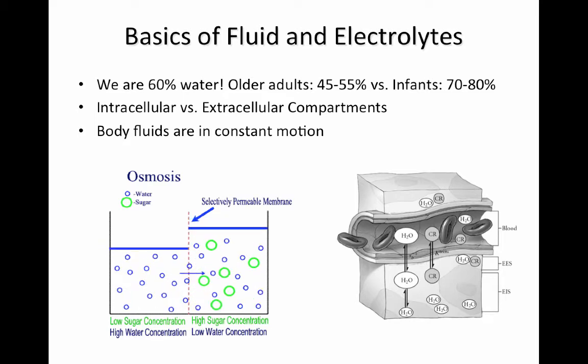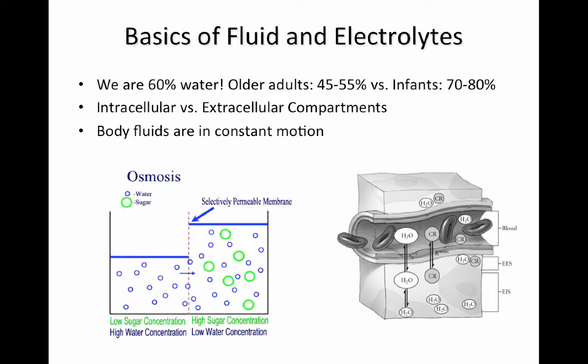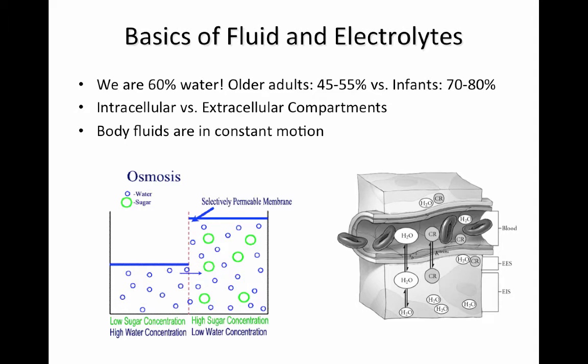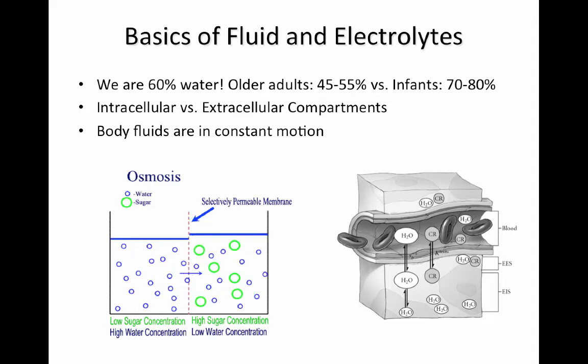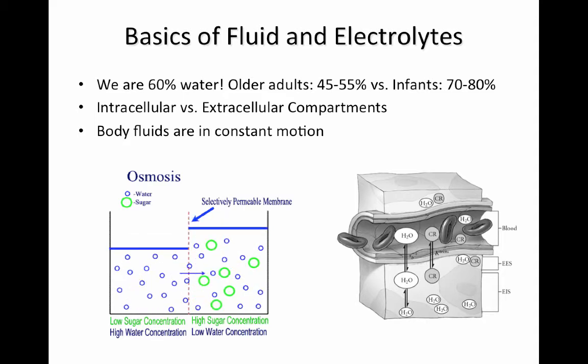It's essentially drawn to that area of higher concentration by the amount of solutes that are located in the other area. Okay. So there's a couple of things. Osmosis is the movement of water.